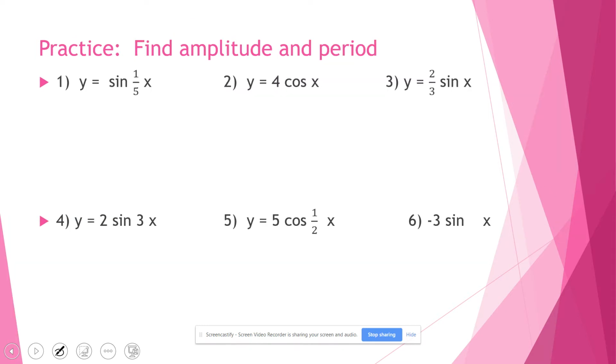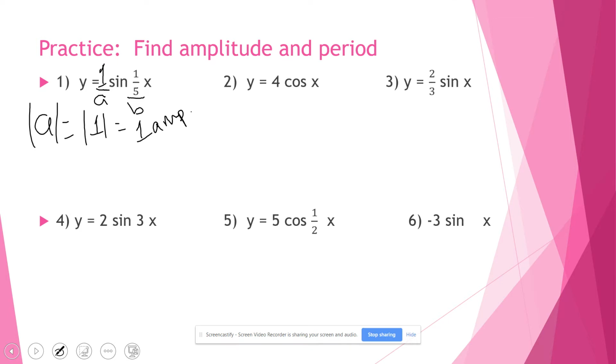Looking at these equations, then, we're going to find the amplitude and the period of each function. So remember, amplitude comes from A, and period comes from B. This A value is 1. So for our amplitude, we get the absolute value of A. The absolute value of 1 is 1. That's our amplitude.